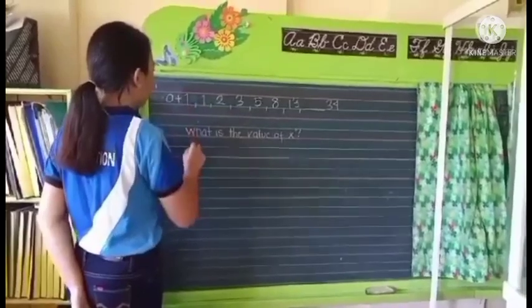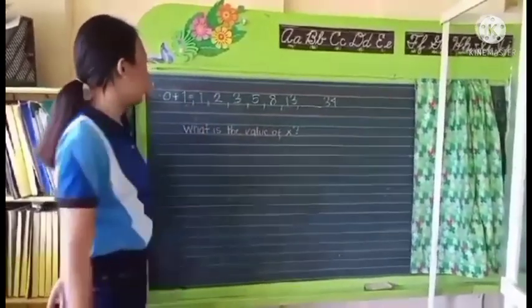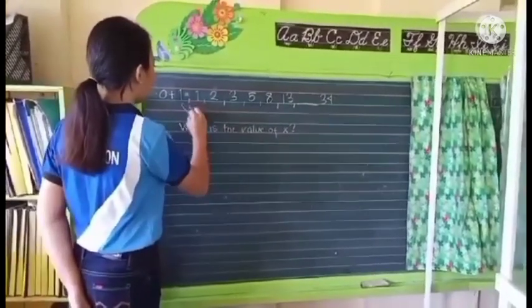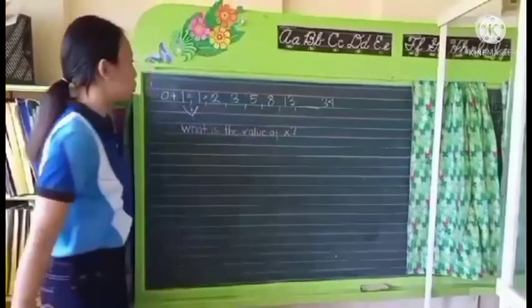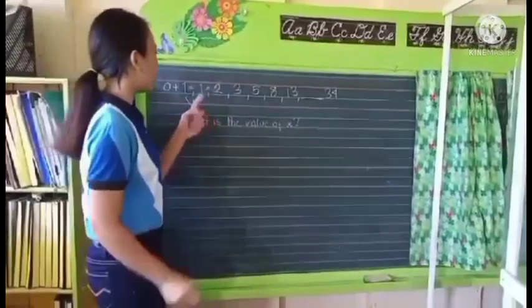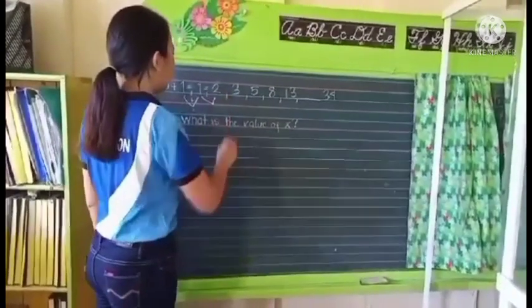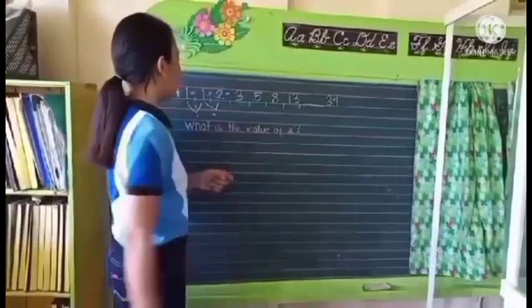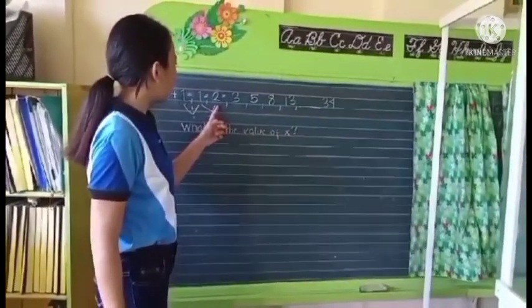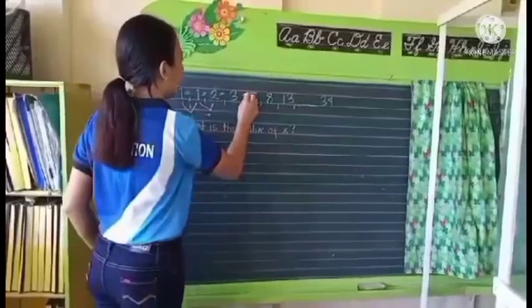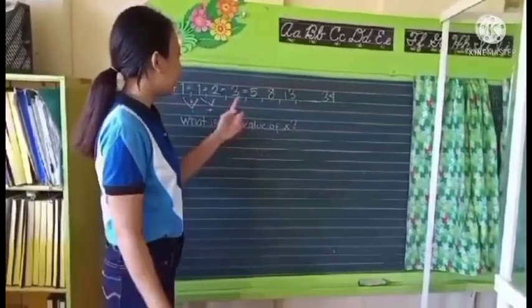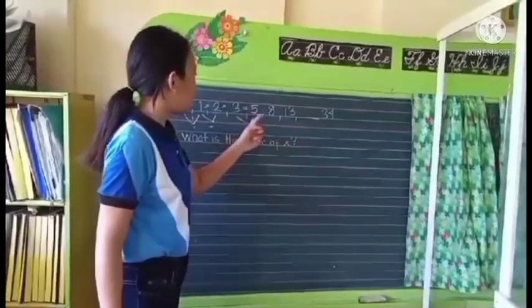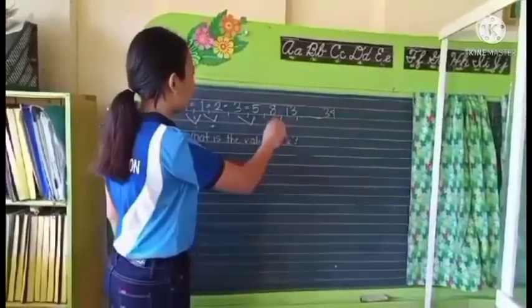0 plus 1 is equals to 1. 1 plus 1 is equals to 2. 2 plus 1 is equals to 3. 2 plus 3 is equals to 5. Then next, 3 plus 5 is equals to 8.